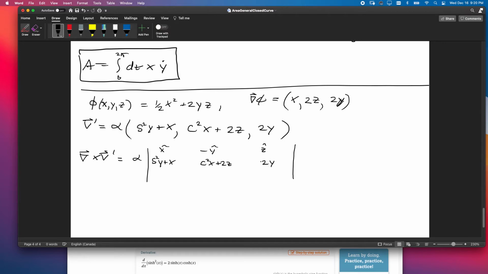Oh, crap, I messed up. There should be a nabla x, nabla y, nabla z. Okay. Alright, so that means that for the z hat at least, we have nabla x, so we just get cosh squared minus sinh squared and the z hat, which is equal to alpha z hat. Check.